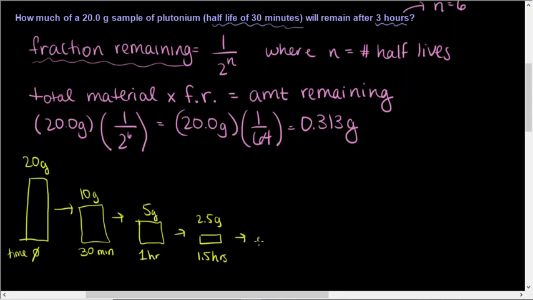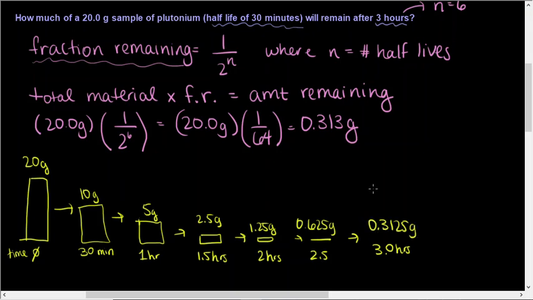Half of that is 1.25 grams after 2 hours. After 2.5 hours, half of that is 0.625 grams. And finally at 3.0 hours, that gives us 0.3125 grams, which is the same as the equation's answer.